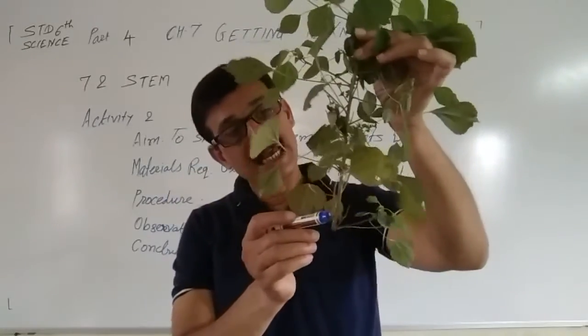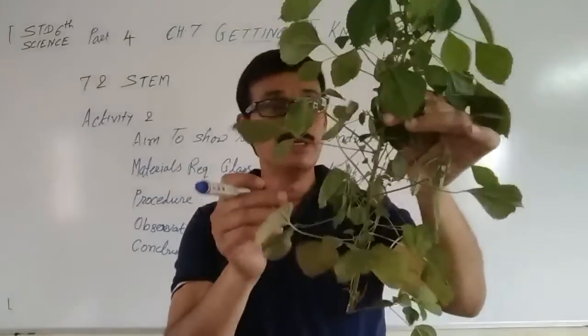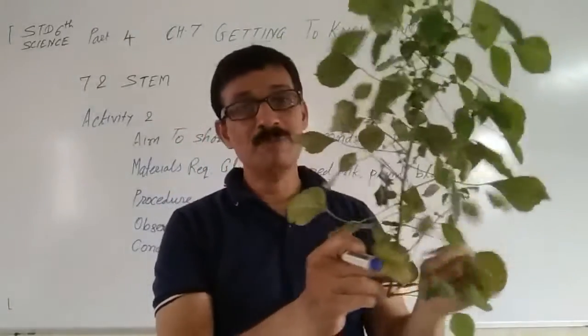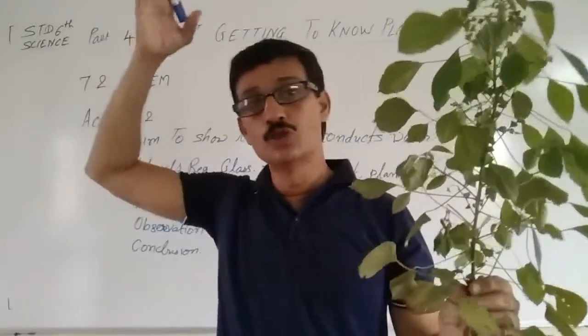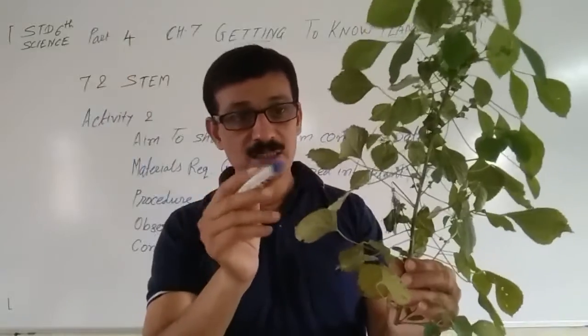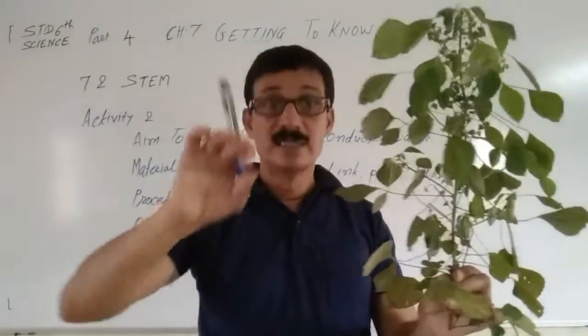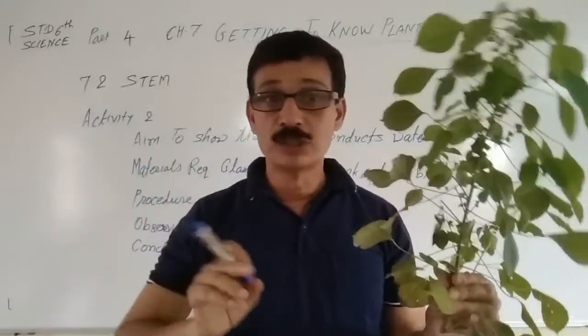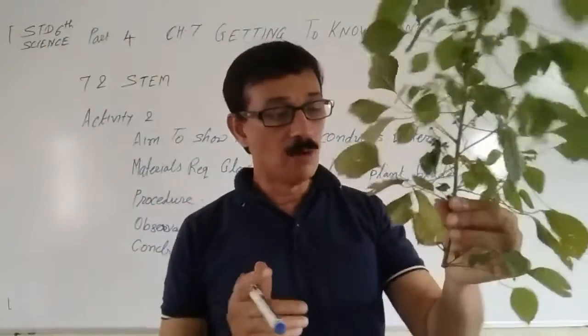And here is the stem. Then actually there is no branch over here, otherwise there would be branches. In a tree there are many branches, isn't it? Then there are leaves. Then sometimes there are flowers, fruits, everything. Now what happens?